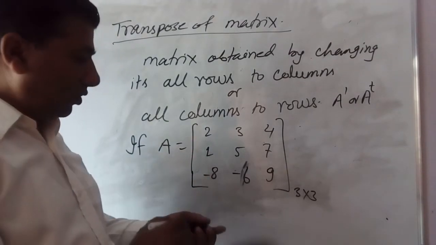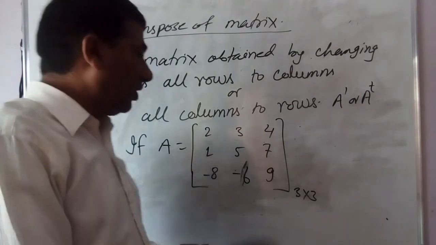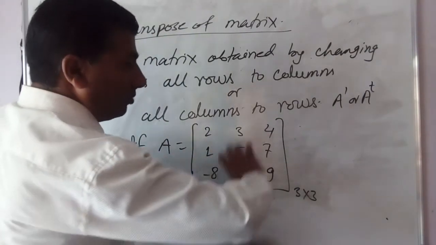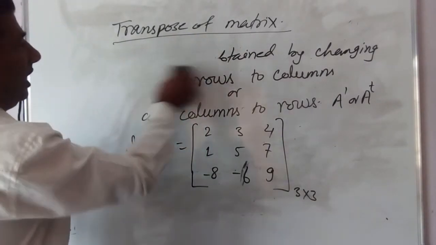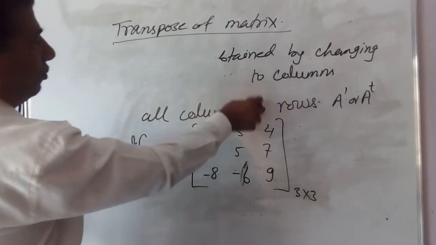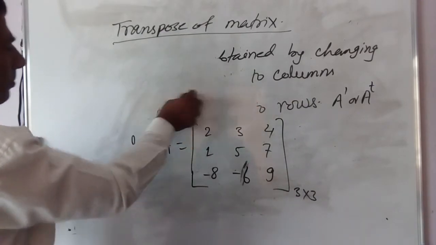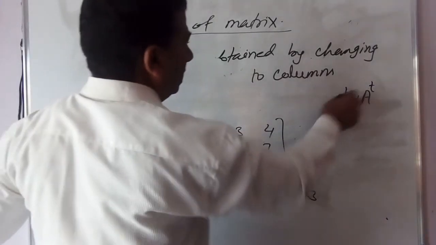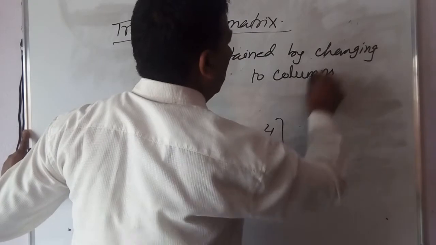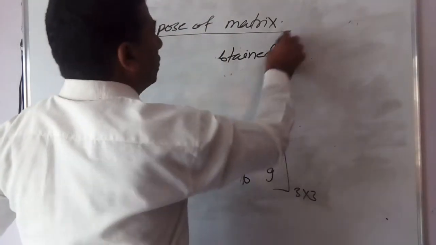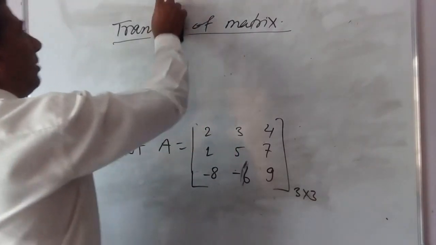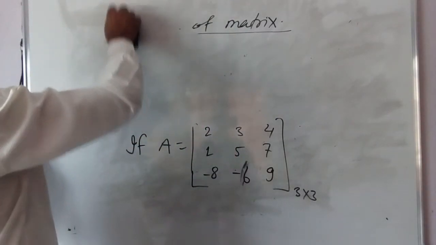Now change only one. Which one do you want to change, rows to columns or columns to rows? Decide. I'll change its rows to columns, or the same, either one. Change either rows or columns, then you will get a new matrix.